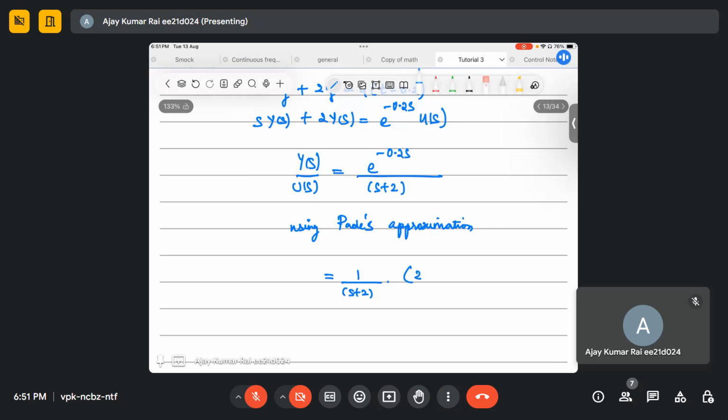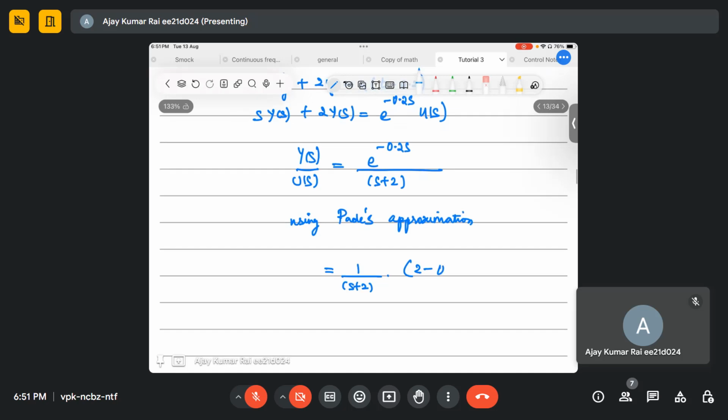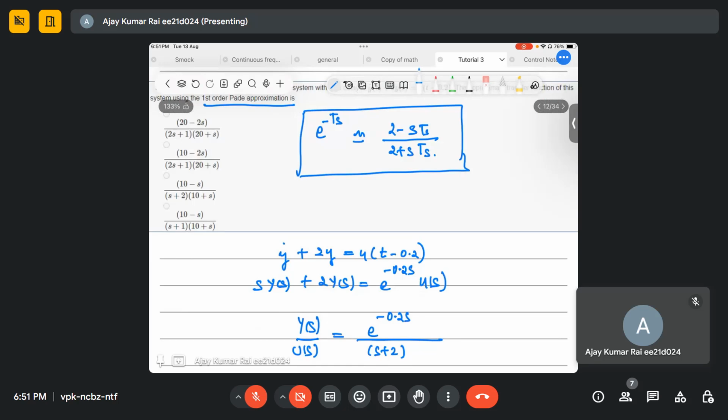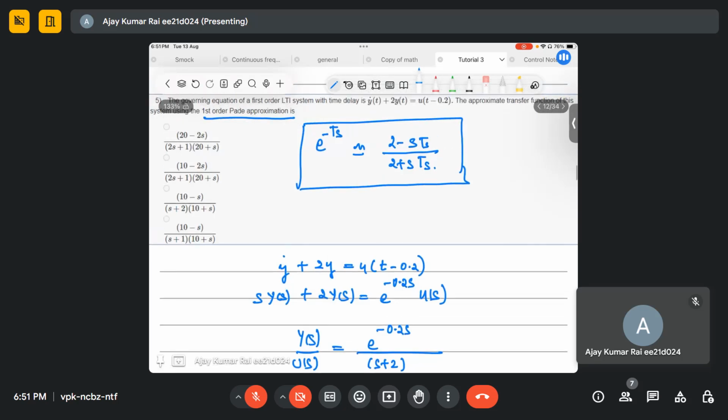So it will be 2 minus 0.2s over 2 plus 0.2s, right? Okay, I'll not confuse this.